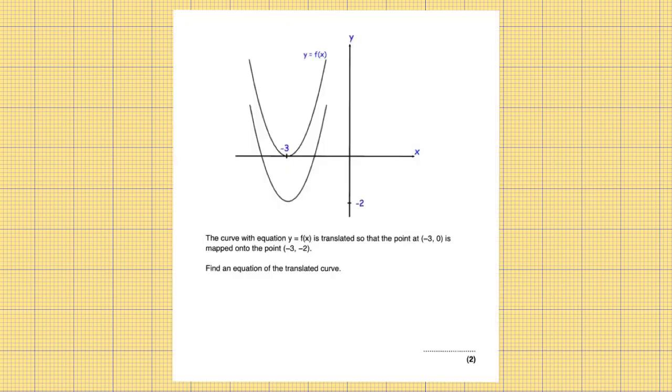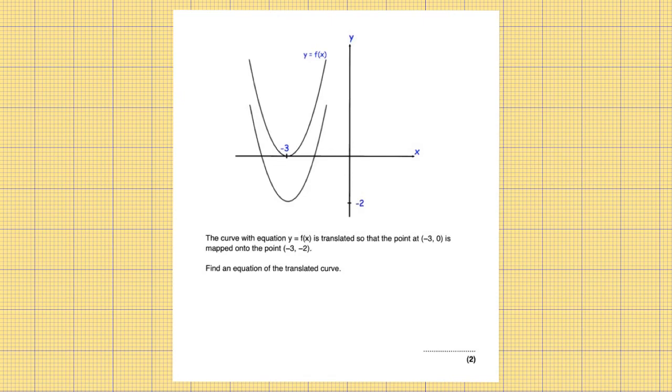Another typical question is as follows. The curve of the equation y equals f of x is translated so that the point at minus 3, 0 is mapped onto the point minus 3, minus 2. Find an equation of the translated curve.